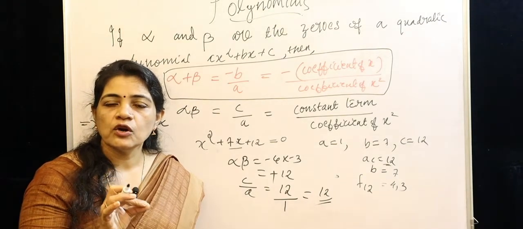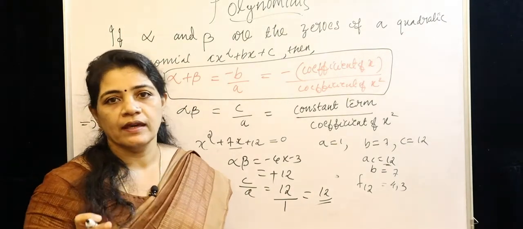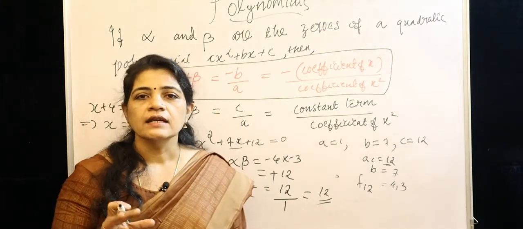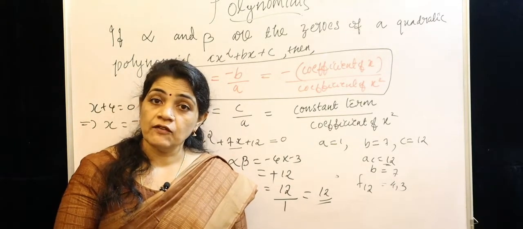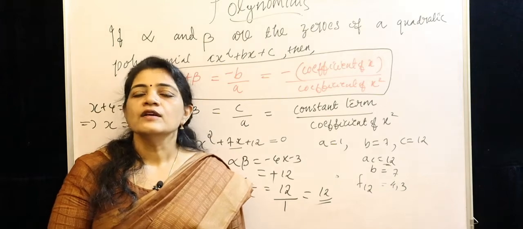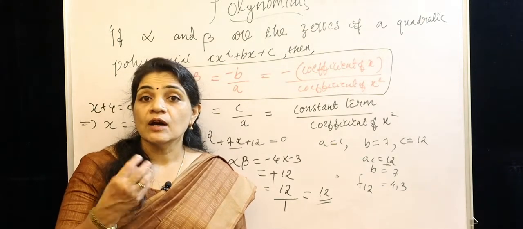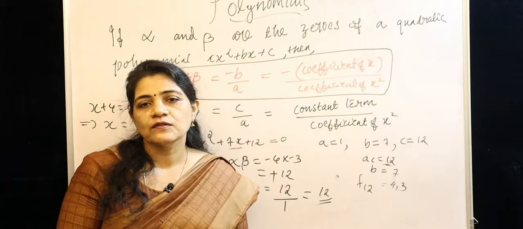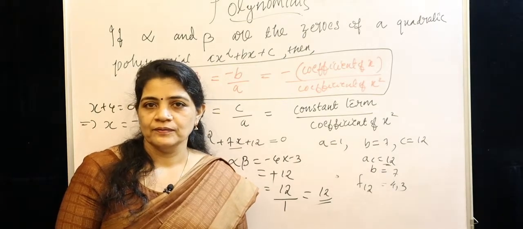That is, the product of zeros is equal to c by a. Idea is clear, children. This is true for each and every quadratic polynomial. So this is the relationship between the sum of the zeros and the product of zeros of a quadratic polynomial.